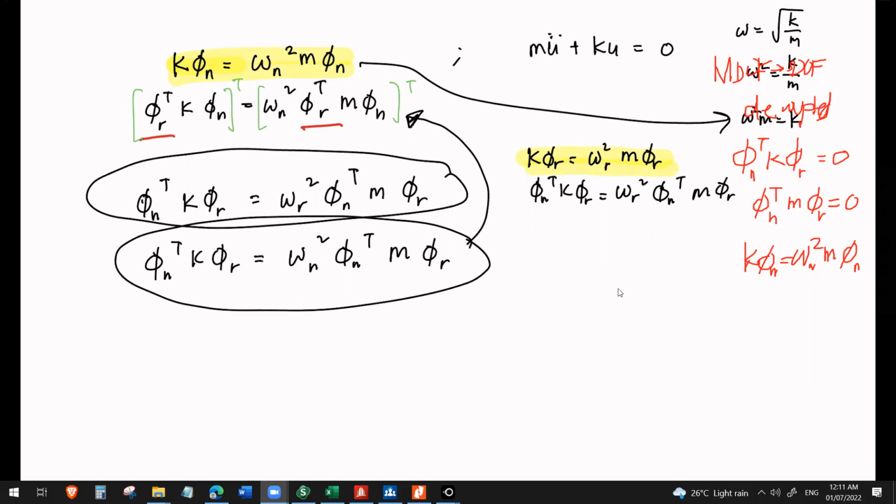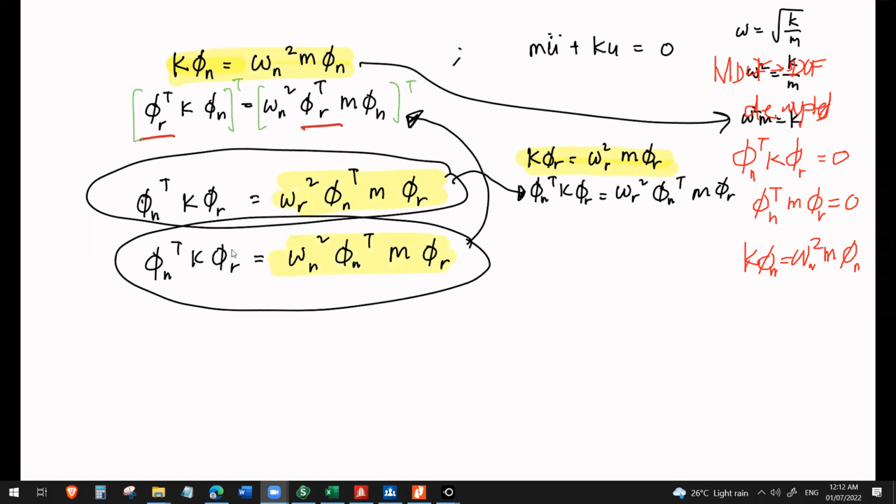While ito naman galing dito. So therefore, it shows that these two equations, on the right side, ito, they are equal.